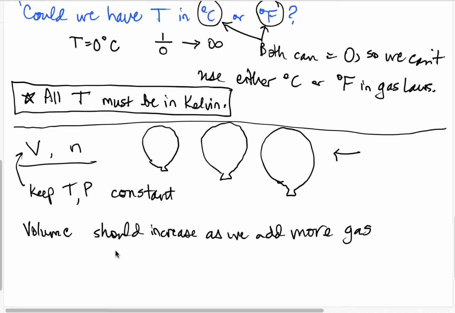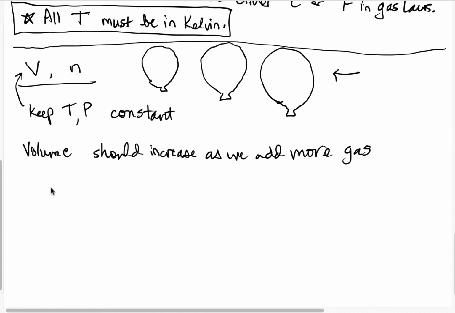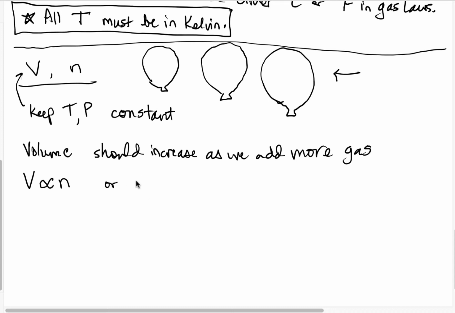Just like with volume and temperature, where the volume increased as we increased the temperature, the volume is proportional to the amount of the gas as well. So another way for us to write this would be that volume is equal to the number of moles times a constant, C, which is also just another proportionality constant.